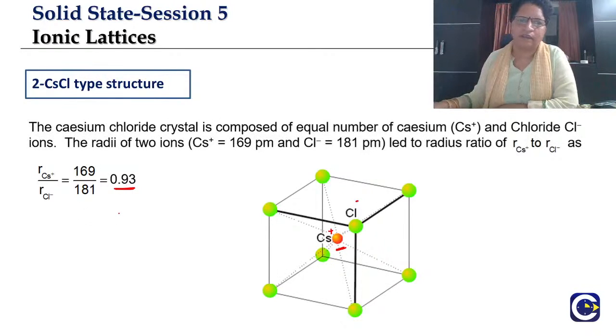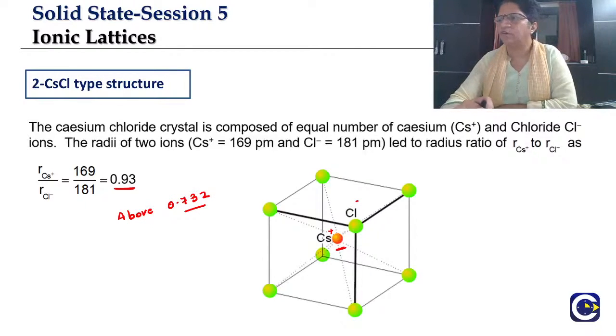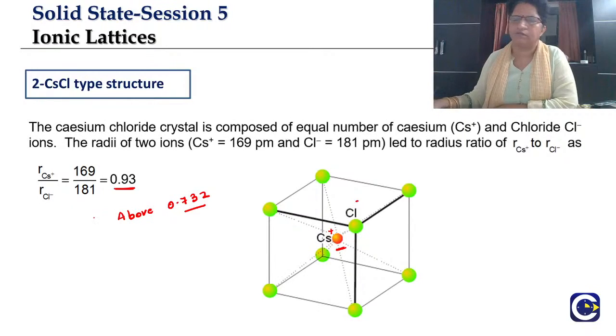This is lying above 0.732. So what should be the coordination number? It should be 8. And we get a body centered cubic crystal lattice.